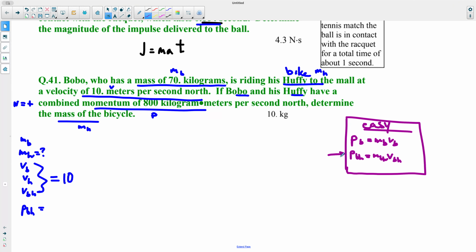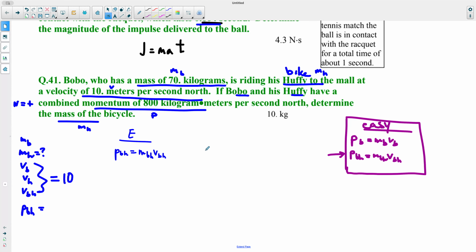This is going to be the one that applies here. And so, since they gave me the momentum of Bobo and the Huffy, it makes sense for me to do the mass of Bobo and the Huffy times the velocity of Bobo and the Huffy.